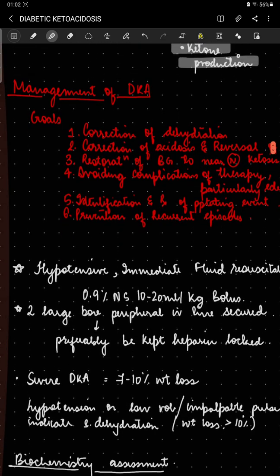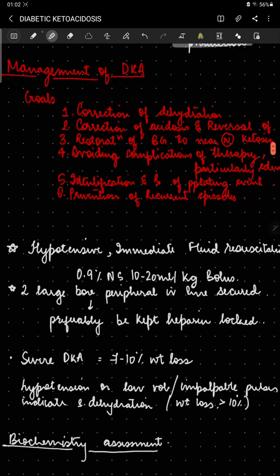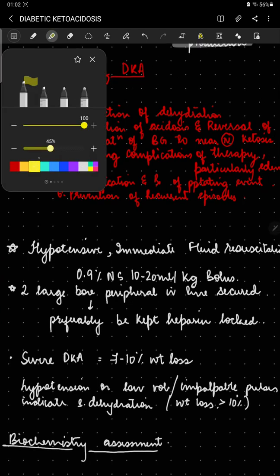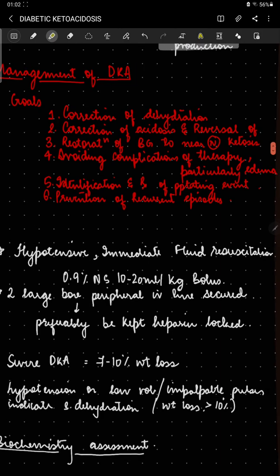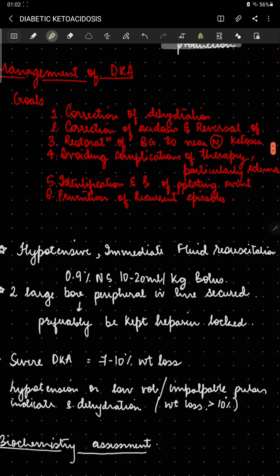Okay, now coming to the management of DKA. The management of DKA is very critical, and if done cautiously with all the precautions, it can work wonders for the child. First of all, what are the goals of the management of DKA? First, we have to correct the dehydration in the child.